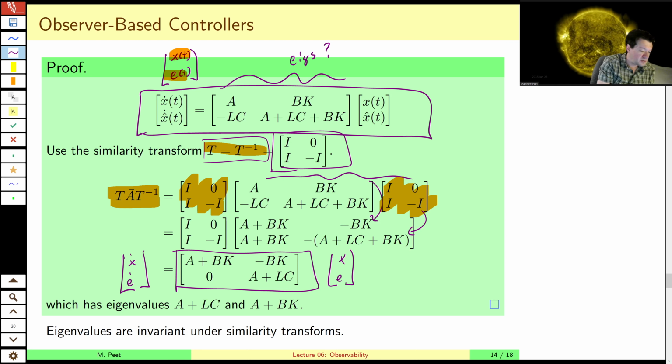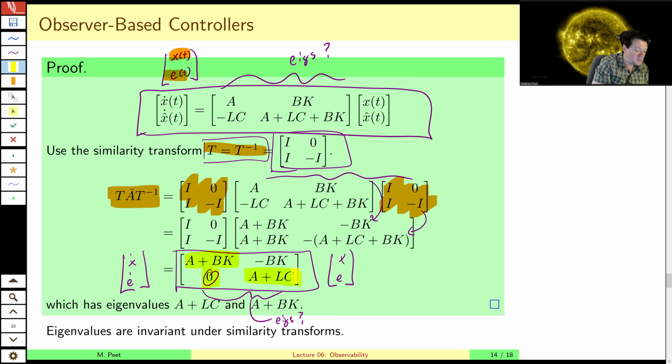So now we see that the eigenvalues of this matrix are equivalent to the eigenvalues of this matrix. But the eigenvalues of this matrix are easy to tell, because it has this important lower 0 here. What we know is that the eigenvalues of this upper triangular matrix are just the eigenvalues of the diagonal elements of that matrix.